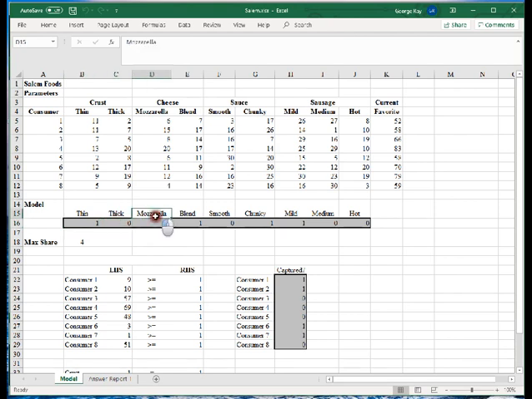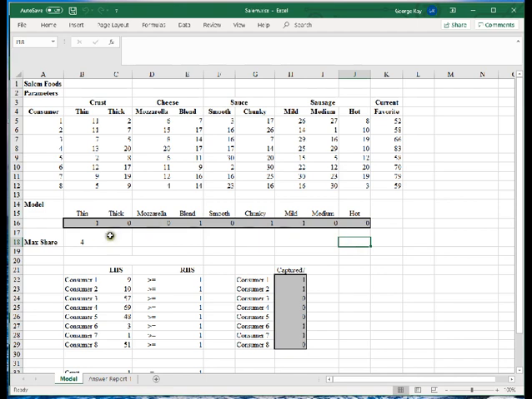So here we've got a particular configuration, and here we're choosing 1 for, in this case, crust and thin. So that means that thick has to be a 0. And likewise for cheese, we're choosing 1 for the blend and 0 for mozzarella. For the other variables, the same thing. 1 for mild, medium, and hot.